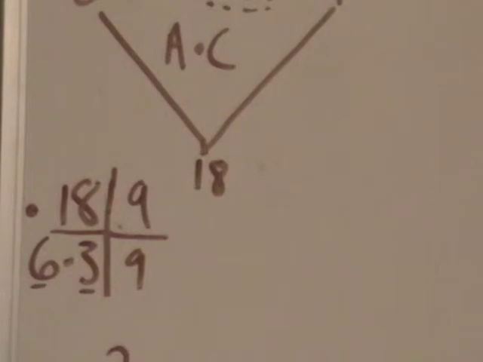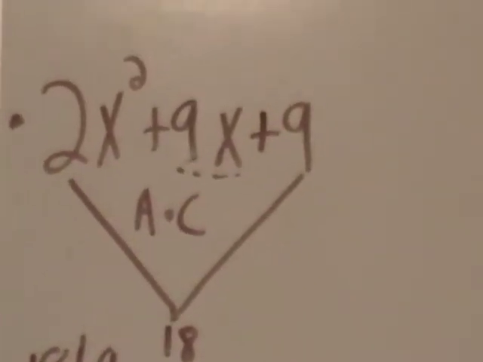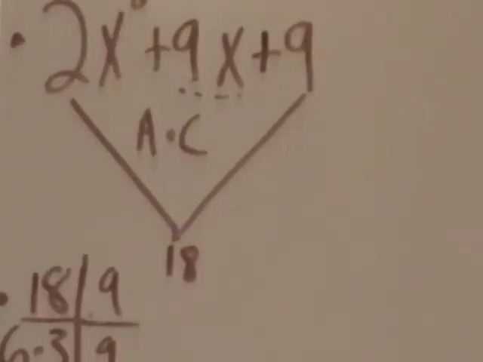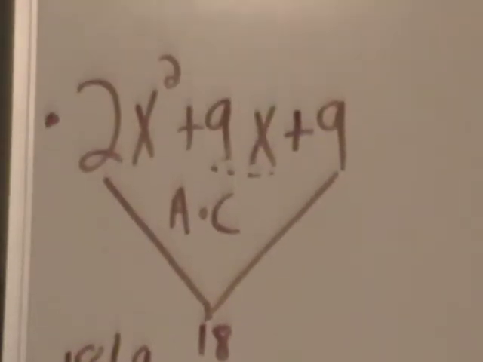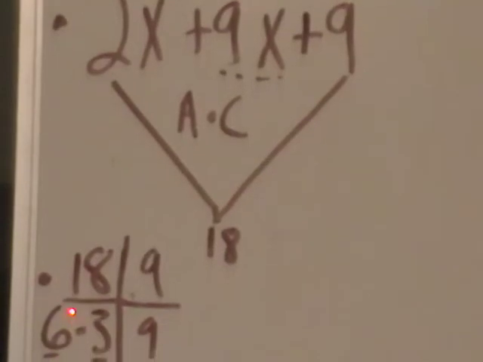Now, this is where it's different. What we did is we took 2 and 9 up here and multiplied them. And we just found out what multiplies to be our A times C and adds to be our middle number. So what we're going to do now that's different is, now that we have those two numbers, we're going to take this middle number right here and split it in half with these two numbers.